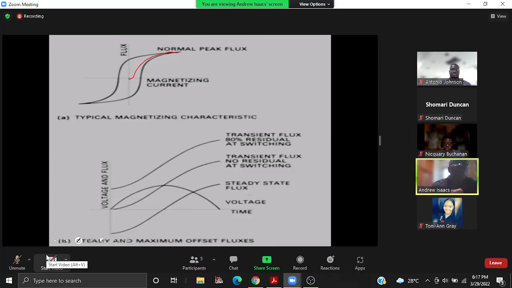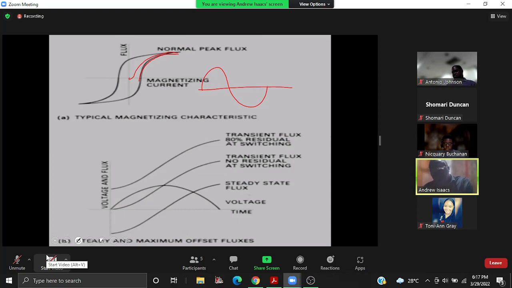You then reverse the current. When it gets to this point, the flux there represents the amount of magnetism that is retained. Now this is the signal you're putting in, so you're putting in an AC signal.